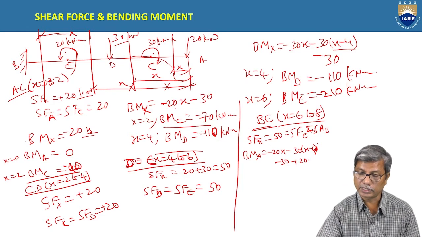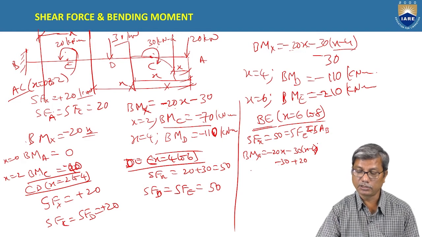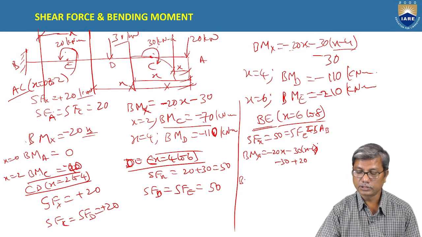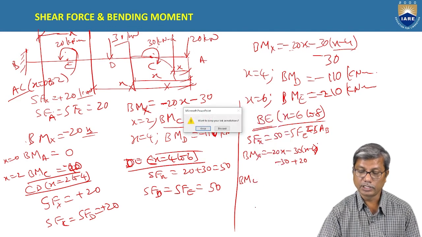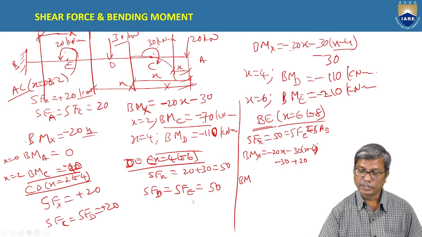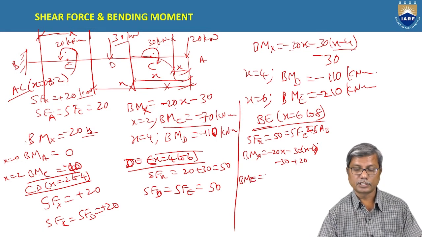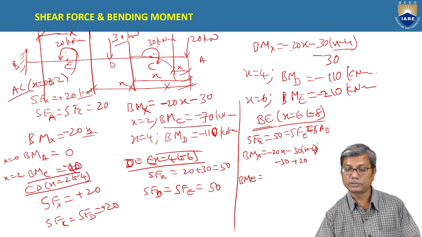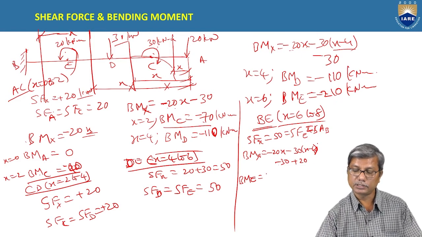So you will have minus 30 plus 20, and minus 10 you will have. Now we find out bending moment at E, means at X equal to 6. Minus 210 plus 20, that is minus 190 you will have.